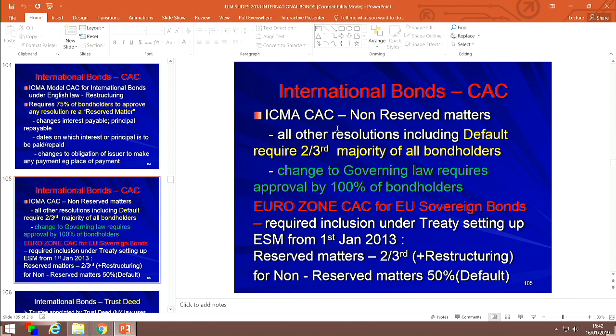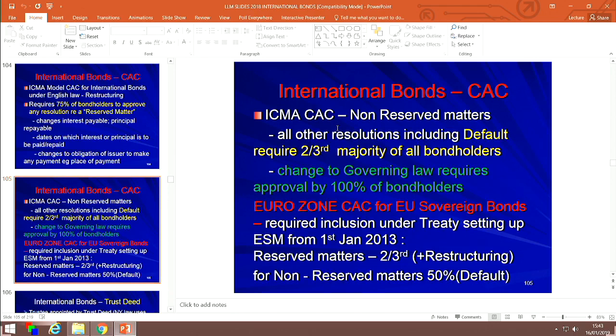Because of that function, they included, in the old days, meaning 25 years ago, the voting procedures available to bondholders by way of collective action procedure as an appendix to the fiscal agency agreement. That practice has continued even though paying agents are now virtually not used in practice.